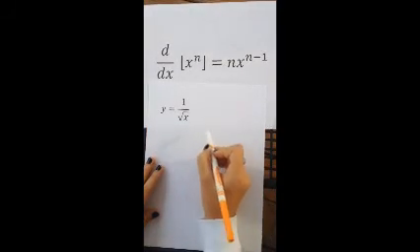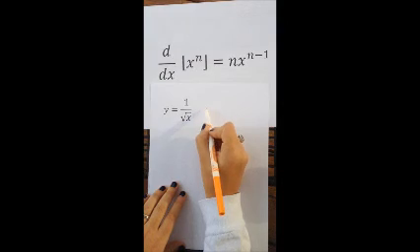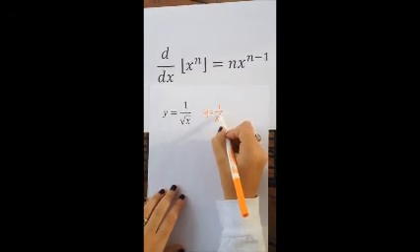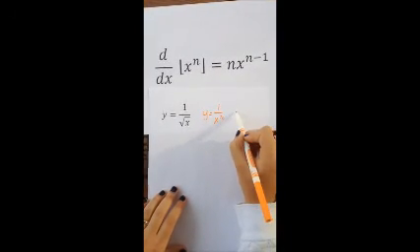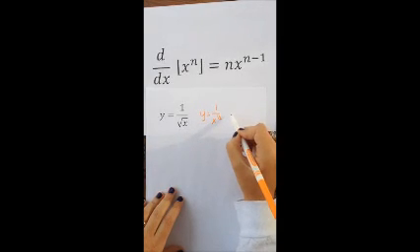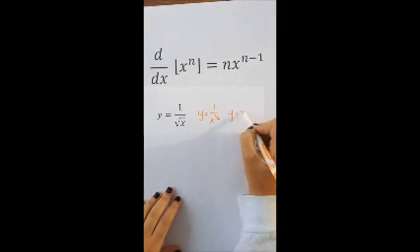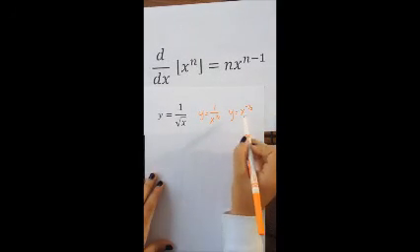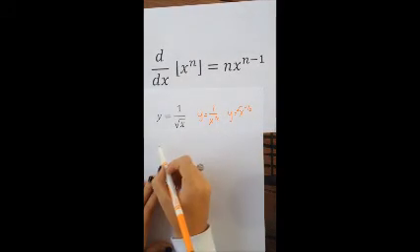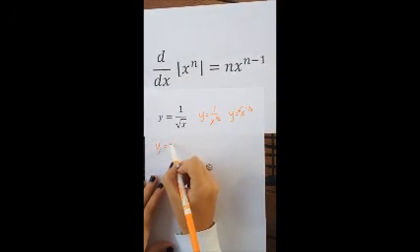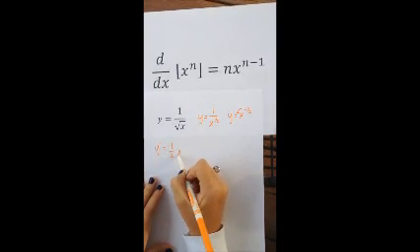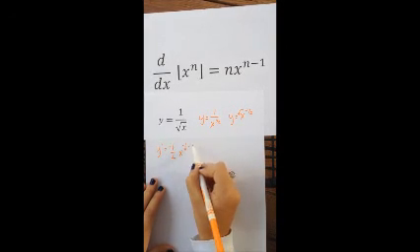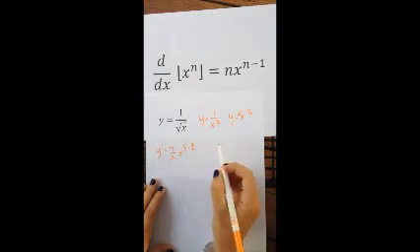Alright, this one is a little different because you have your variable in the bottom. So this is the same as y equals 1 over x to the 1/2 power, and you want to have all your variables in the top, the numerator, so this is y equals x to the negative 1/2 power. That makes it easier to solve. So you're going to bring down the 1/2, so y prime equals negative 1/2 x to the negative 1/2 minus 1, but that's the same as negative 3/2.